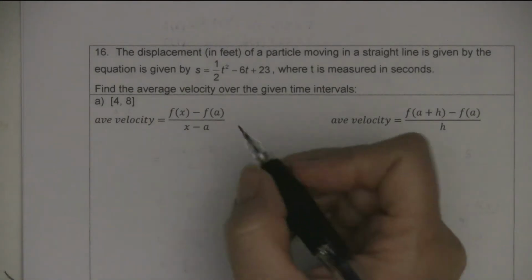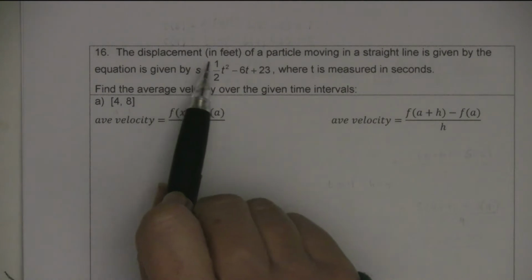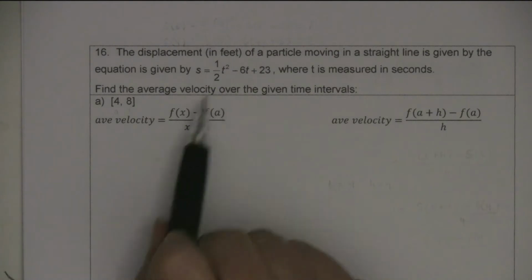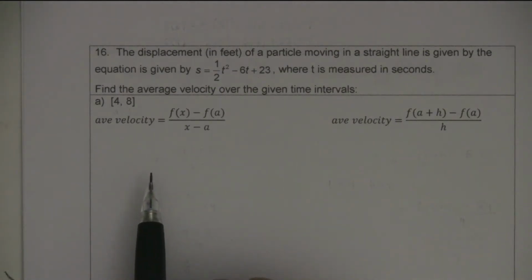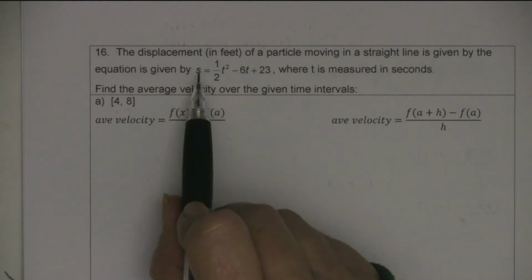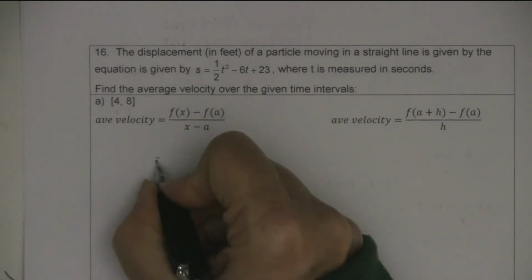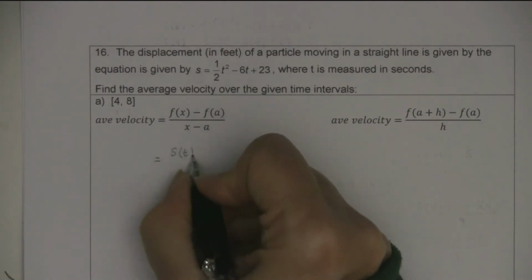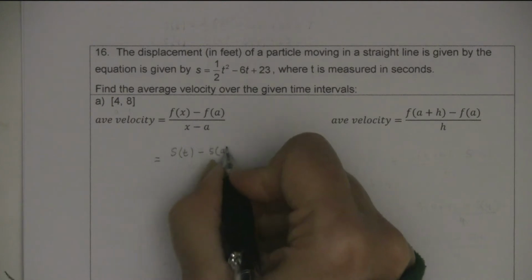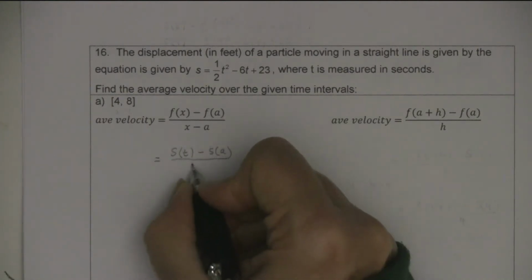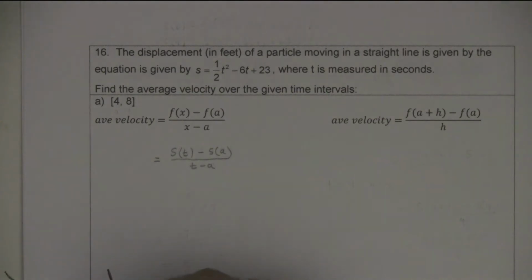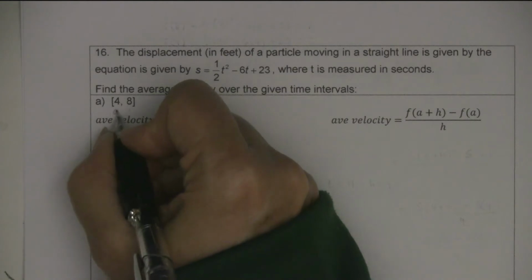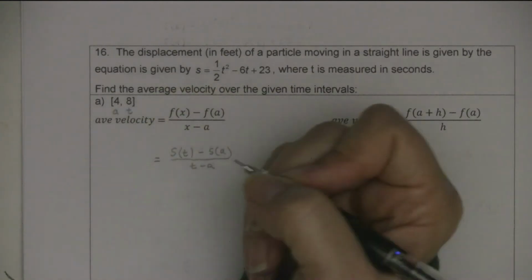And so for us, it's saying the displacement in feet of a particle moving along a straight line, and they gave this formula. And so we don't have F, we have S, right? And so I'm going to rewrite this formula with S, and we don't have X, we have T. So S at T minus S at A divided by T minus A. And I tell you, it does not matter if you call this A and that T, or vice versa, it matters not.